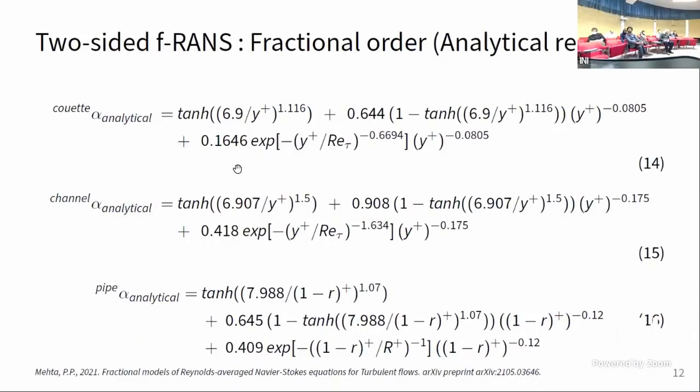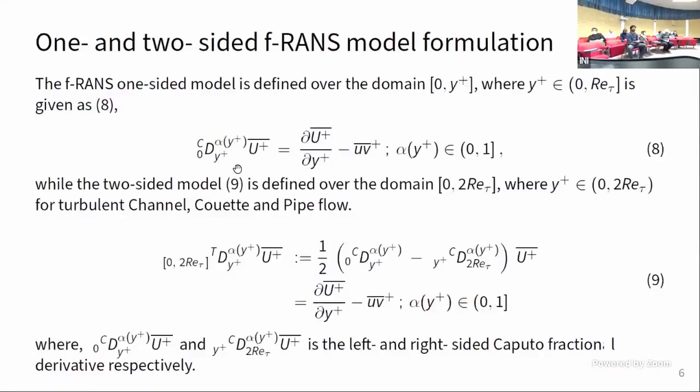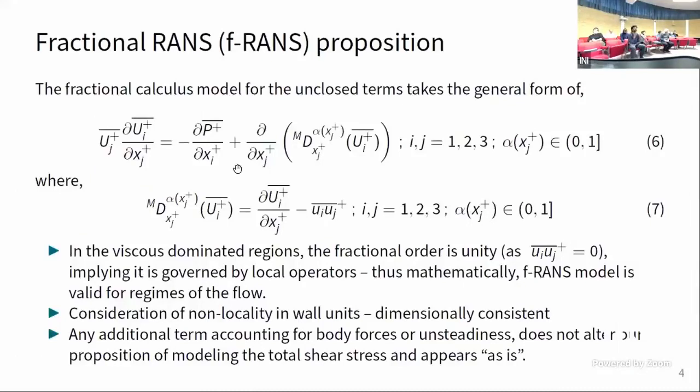The reason I'm talking in this manner is because I want to emphasize that these analytical expressions are empirical in nature. So once I have this, I just plug in the value, and the system of equations is now complete. I can plug in my fractional order, and then I can compute my velocity fields from these equations itself.